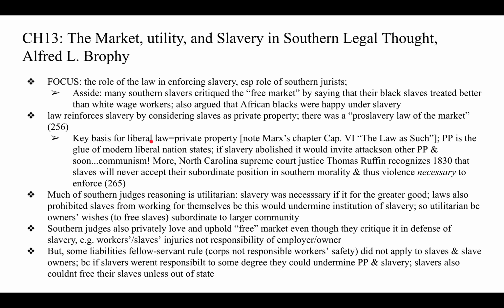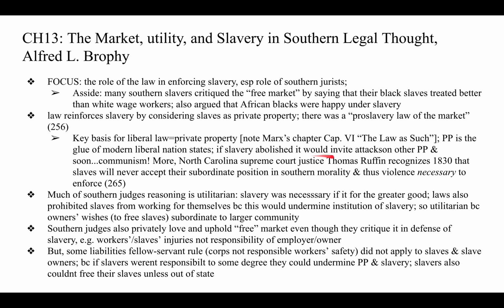So the key basis for liberal law is private property, and this is why it is of such fundamental importance here in the connections between slavery and capitalism. And note here Marx's chapter in Capital, Volume 1, "The Law as Such," where he notes as well that private property is the glue of modern liberal nation-states, and that states mainly exist to protect private property.